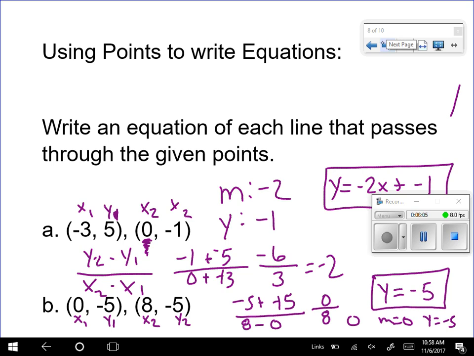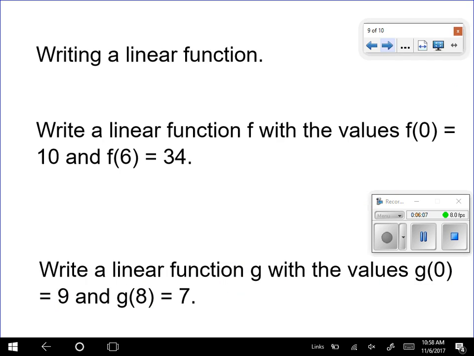And then the last part of your homework, you'll be working on writing a linear function. So it says write a linear function f with the values f of 0 equals 10 and f of 6 equals 34. So what this means is, remember, f of 0 is just our y, and 0 is our x, and 10 is our y, because when we plug 0 in, it turns out y for our function.